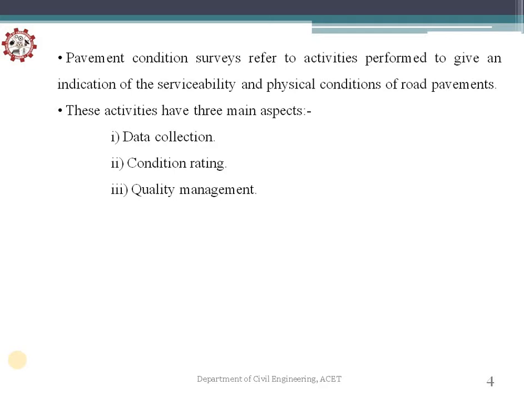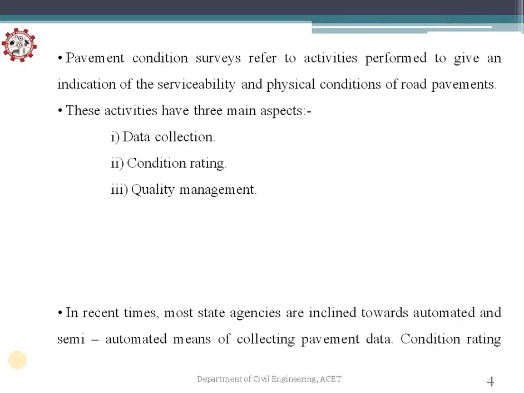Everything you need to collect is known as data collection. Then condition rating means what type of maintenance you have to give. First the physical condition should be taken care of, and then quality management, that is, which type of materials has to be provided so that the road is developed. This is how you need to take care of these calculations.